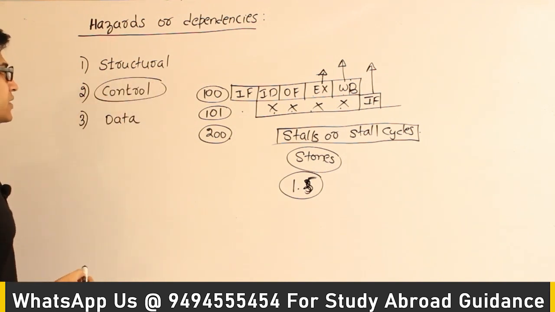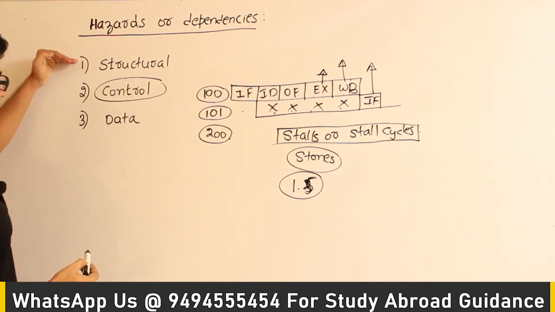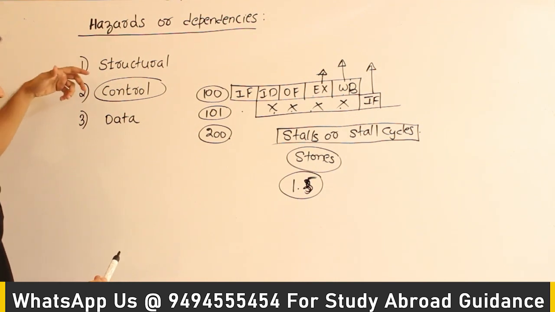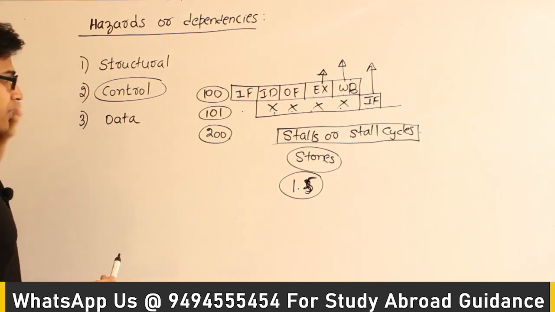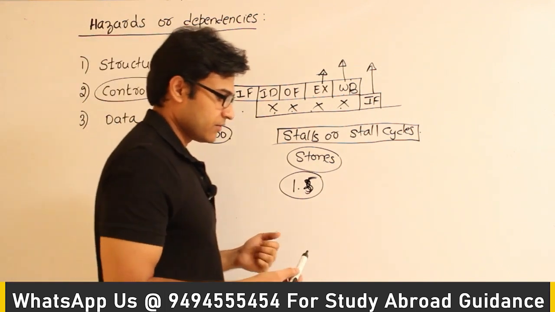Now we shall take each category one by one and examine what it is, and later see how to overcome it, what the various possible solutions are to fix this.